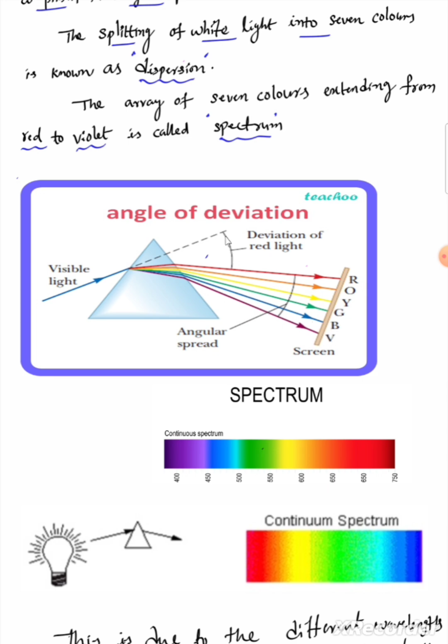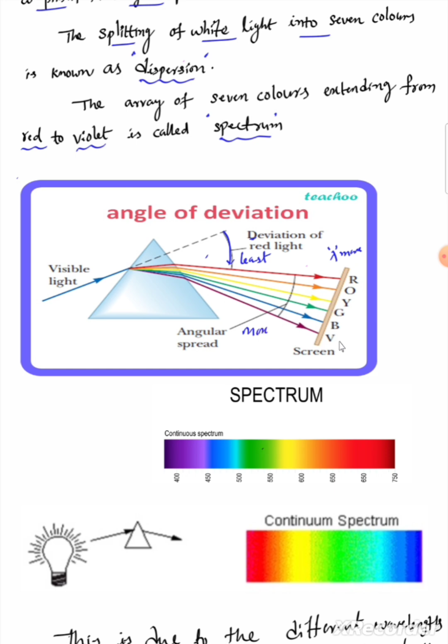Among the 7 colors, which one has the longest wavelength? Red color has a longer wavelength, so it has least deviation. We can see violet color has maximum deviation.